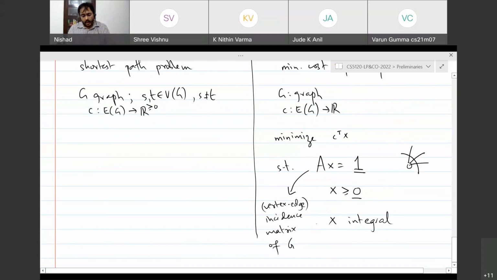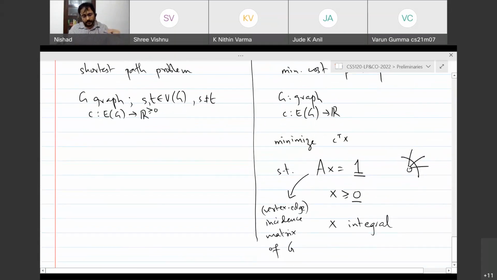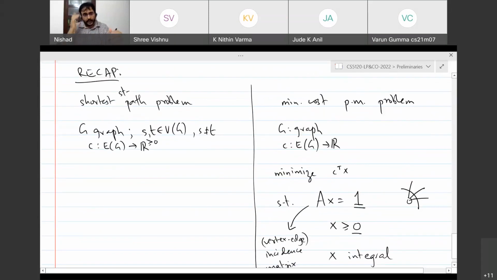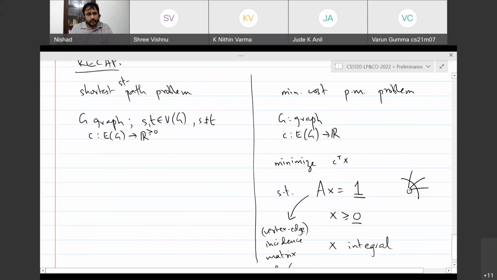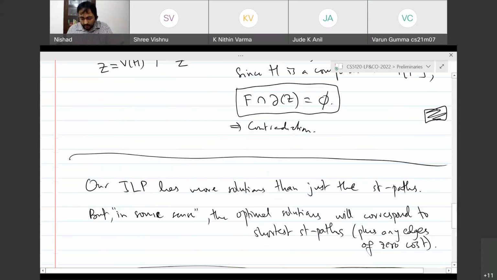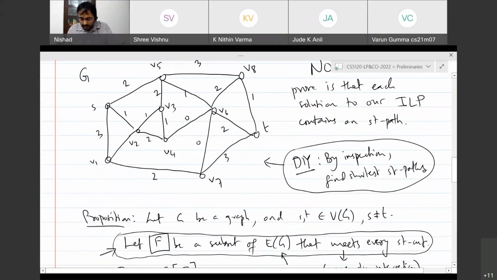What about the ST path problem, the shortest ST path problem? Sometimes I'll just say shortest path, but what I mean is for two distinct vertices. Okay, so here, let's go back to what we had written down in the last lecture on Friday.